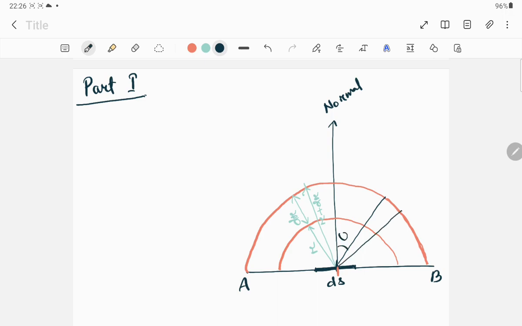So this is called theta and this is d theta.